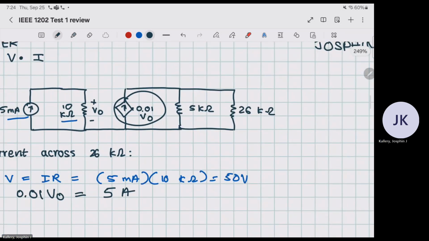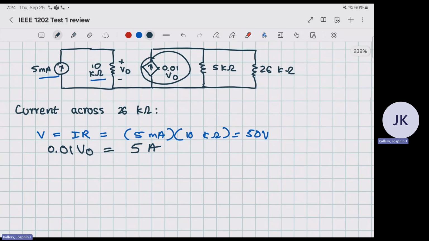And there's 2 different ways you can go on from here. If you're comfortable with current division, you can go ahead with that. Or you can just try to combine the resistors in parallel, then go across.